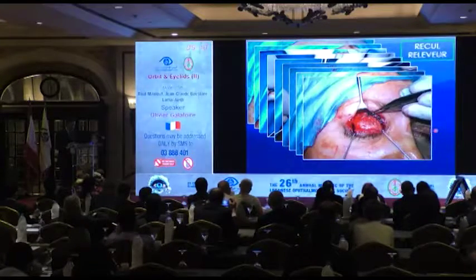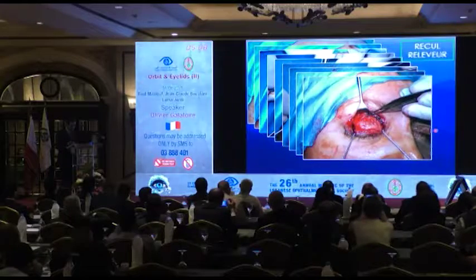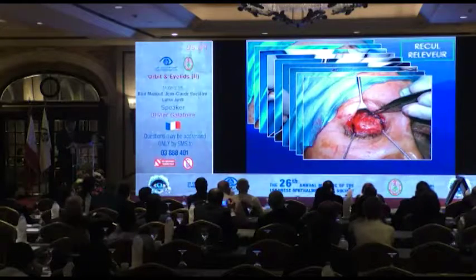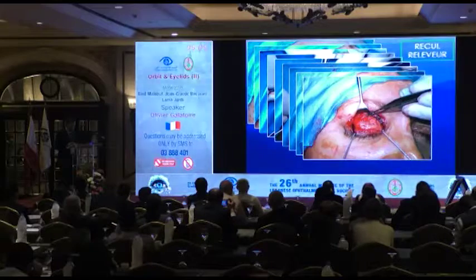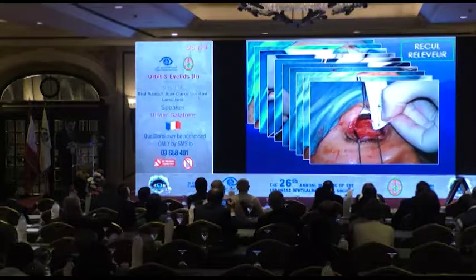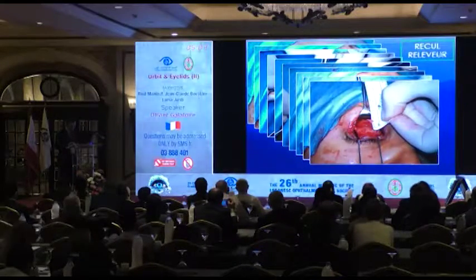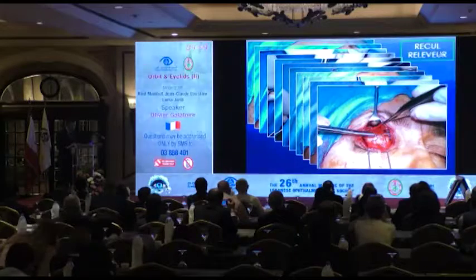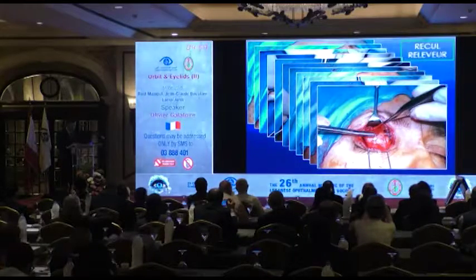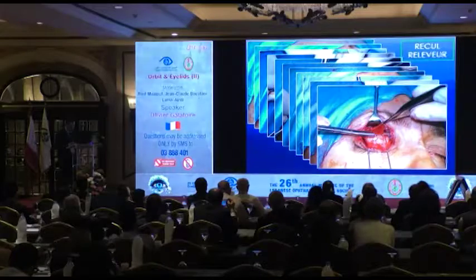You make the total disinsertion of the muscle, and so you can see here the posterior plane, Müller muscle, posterior plane, and you can make your recession of the muscle. Here is the Müller muscle, then you can take off 2.